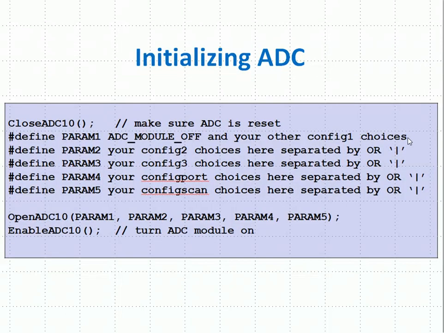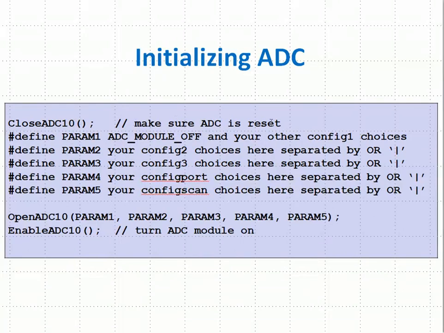Okay, now to make things easier, when we do OpenADC, the configurations are so long, we actually separate them into a bunch of headings that we call parameters 1, 2, 3, 4, and 5. So we're going to change these and just call the function like this. That'll make things work.